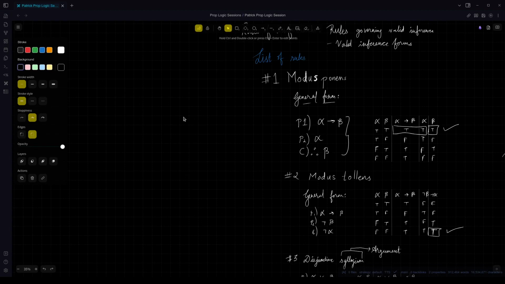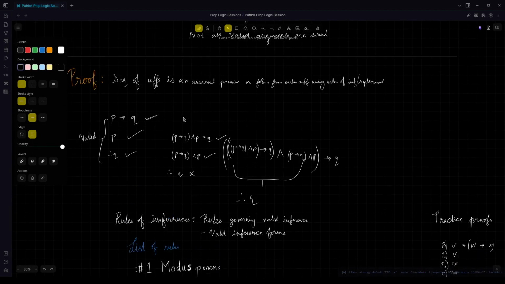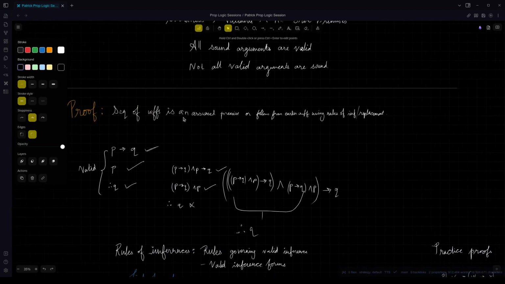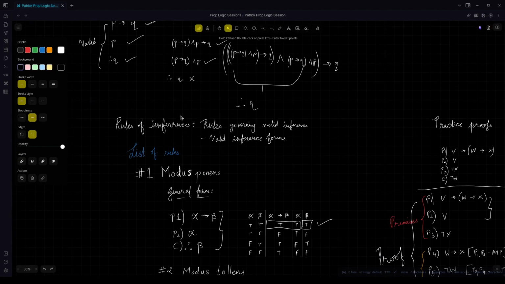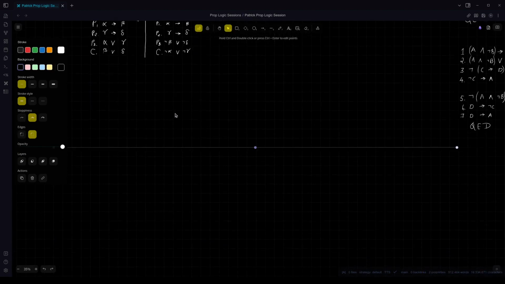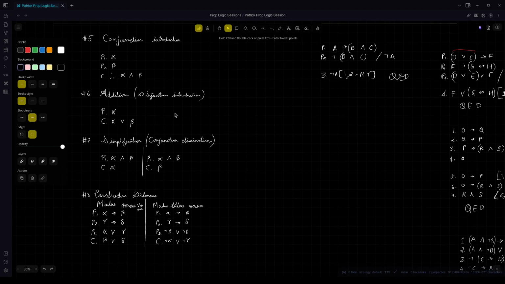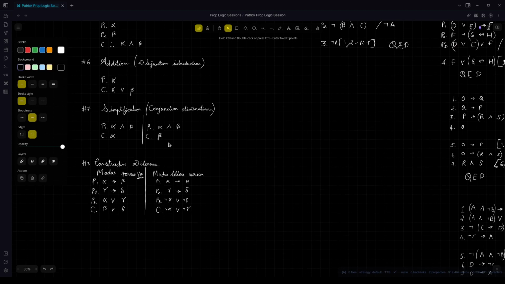So that was using the first 4 rules. In the last lesson, we also covered 4 other rules. Conjunction, addition, simplification, constructive dilemma, and there's two of simplification.